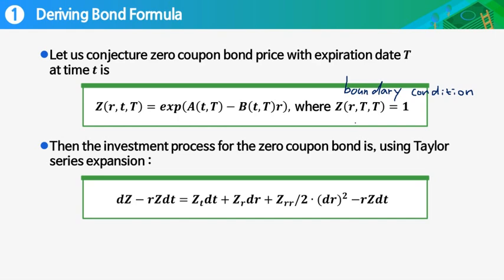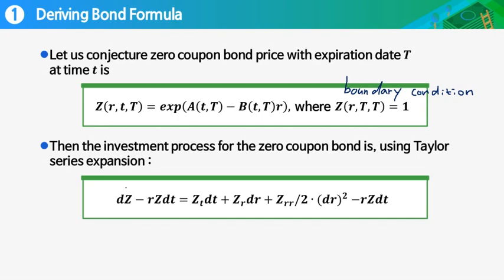Then we can set up the investment process for the zero coupon bond. This is the buy investment, and this is the cost of buying it, like opportunity cost. It is sometimes called a zero cost portfolio because there is no cost to produce this process. You can simply borrow money from the bank and invest in Z.